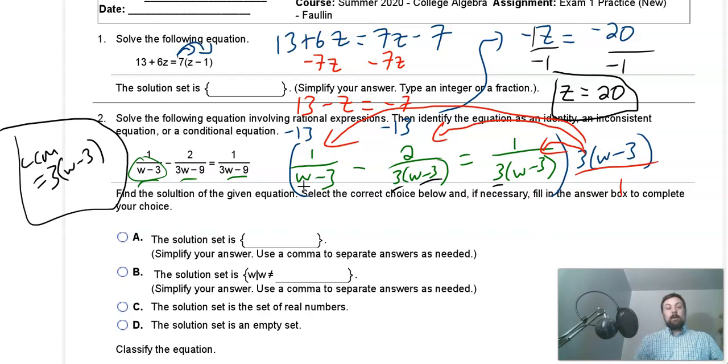When this gets multiplied to the first fraction, the w minus 3's are going to cancel out, and I'll just have 3 left over. 3 times 1, which is 3, divided by 1, which will still be 3. Now I'm going to undo the crossing out here because a fresh copy of this has to get multiplied to these other two, so I don't want to mark on my original copy of my common denominator.